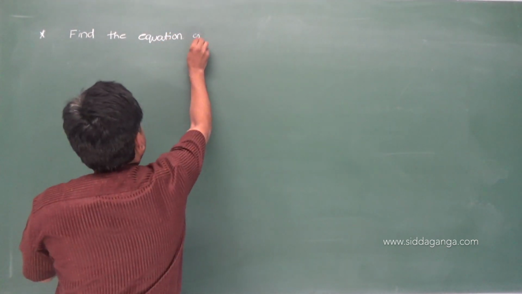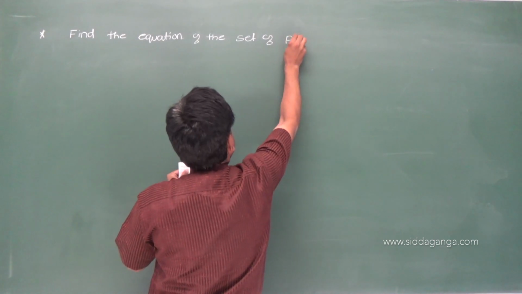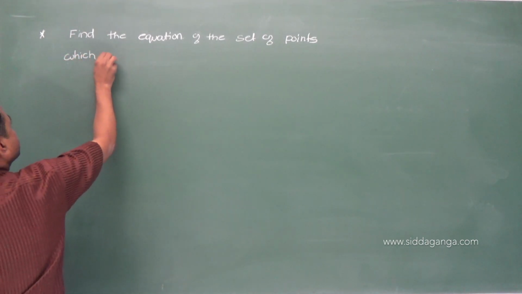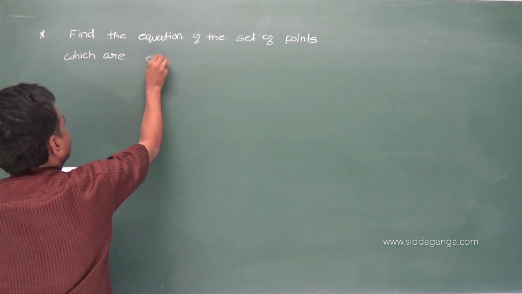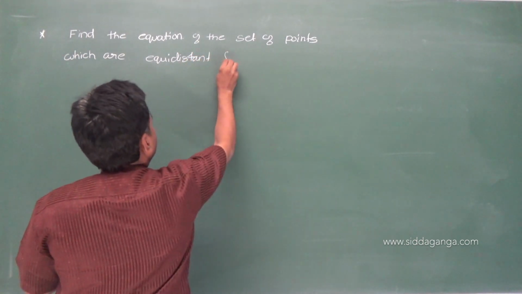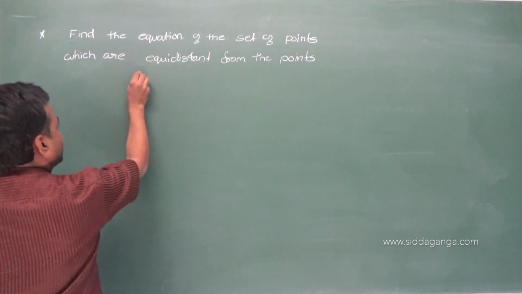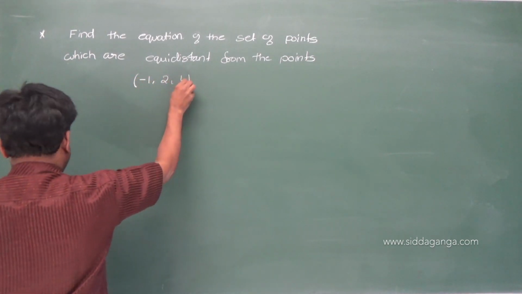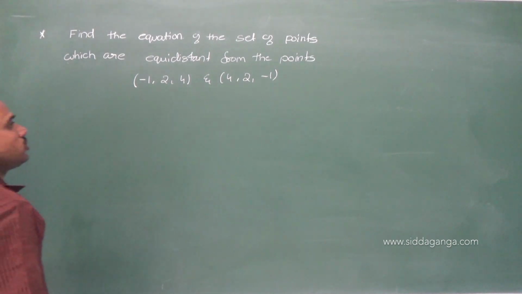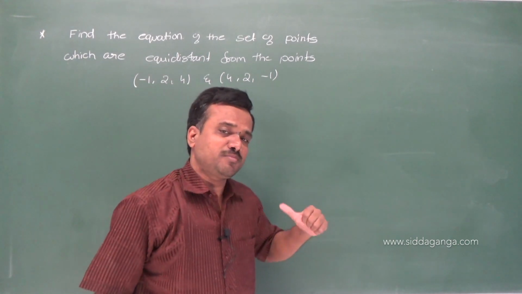Find the equation of the set of points which are equidistant from the points minus 1, 2, 4 and 4, 2, minus 1. Same type of problem that we discussed in the previous problem.